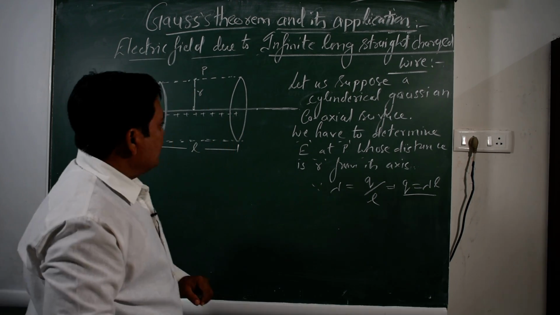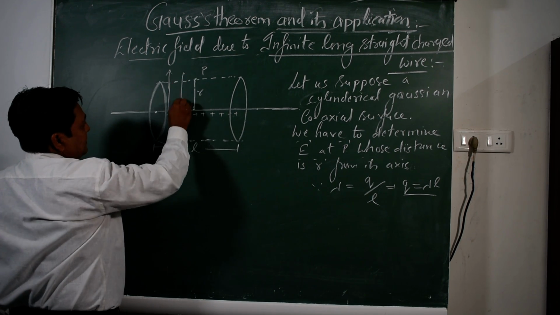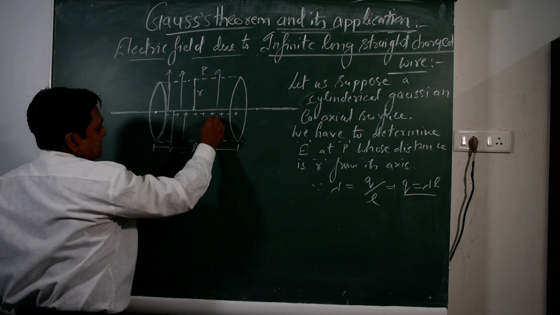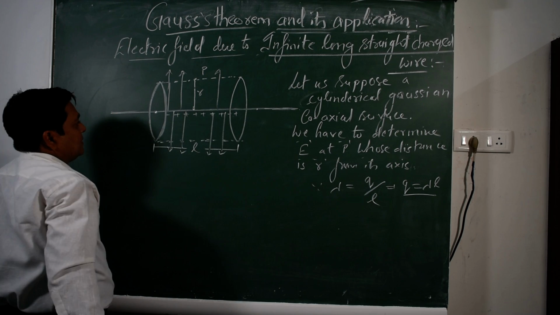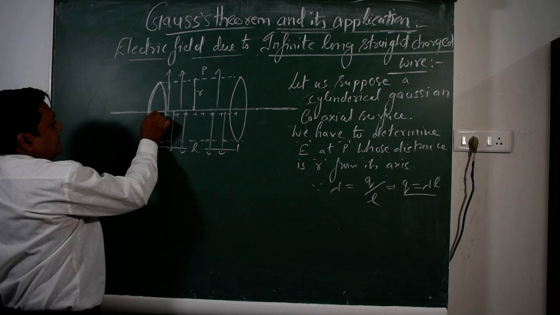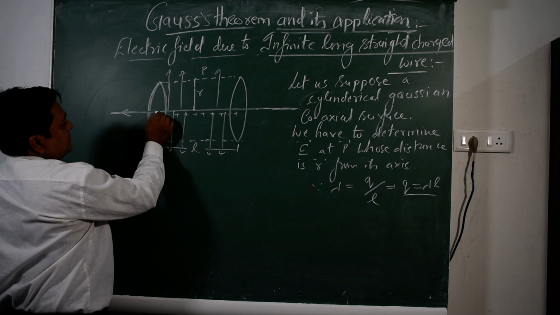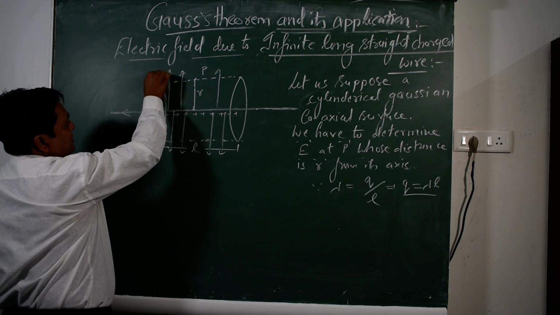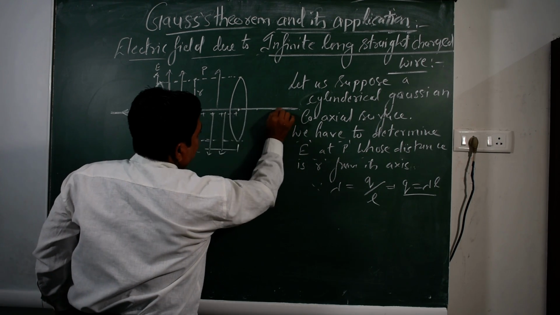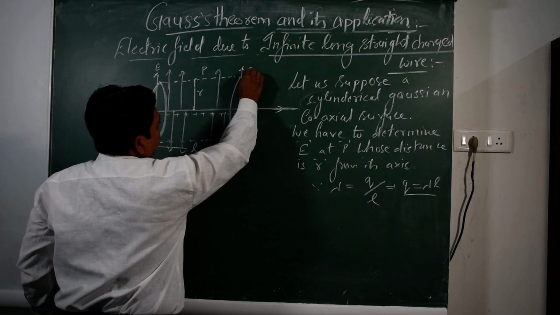Here the electric field lines direction will be like this over the curved surface. At the circular face here, the direction of the area vector is this one, but the electric field direction will be this one, E. Here also the direction of the area vector is this one, but the electric field direction is this one.